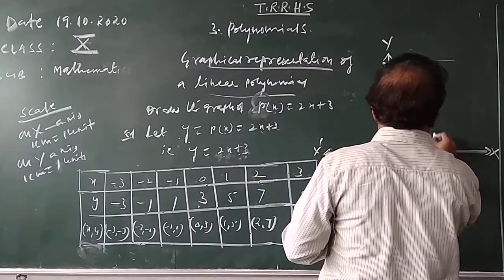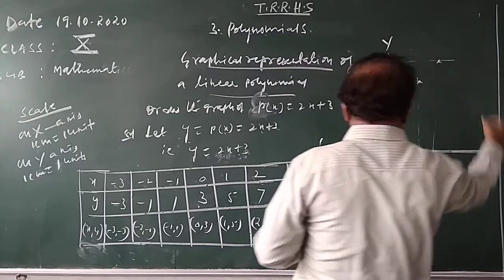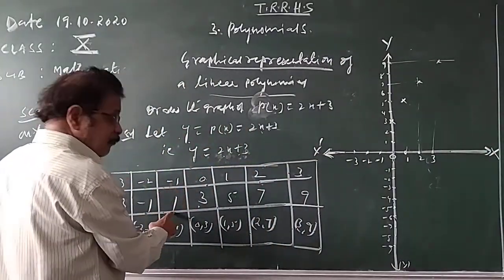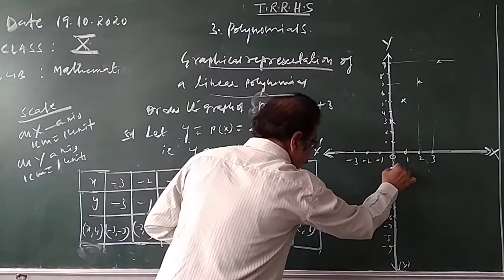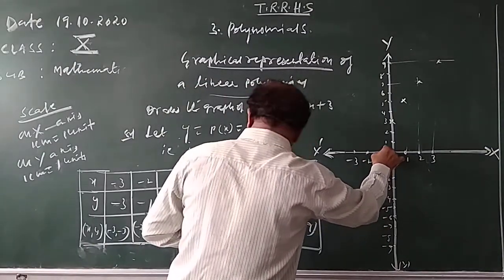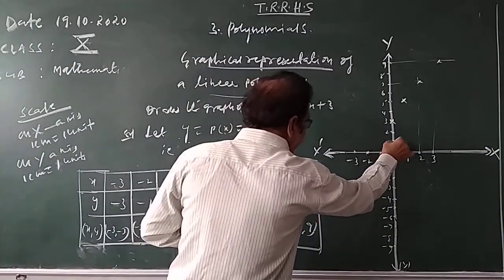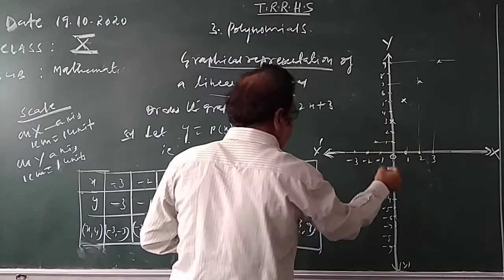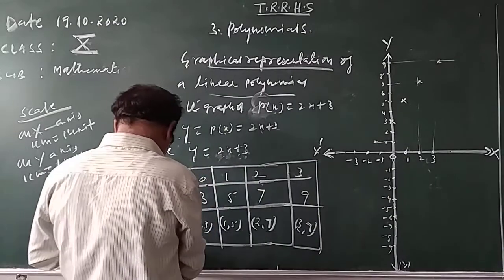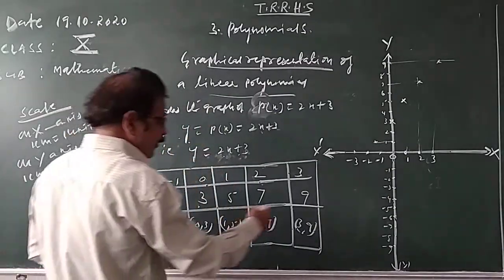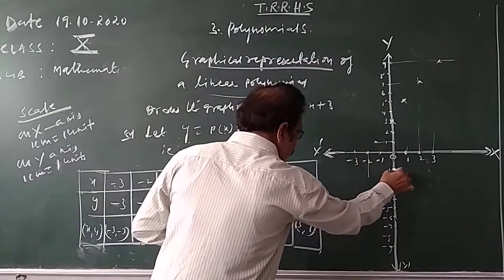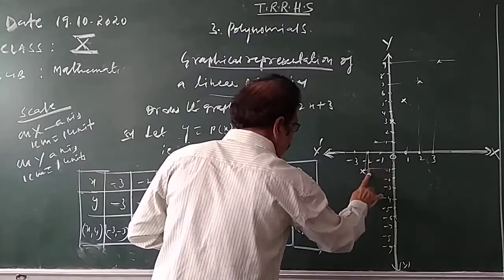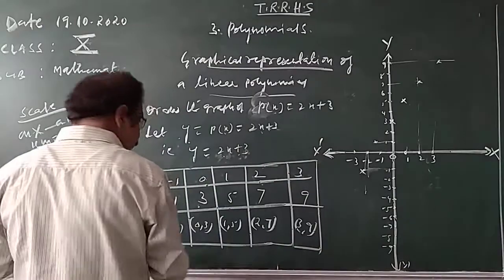Corresponding to x minus 1, y positive 1. Then x minus 2, y minus 1. And minus 3, minus 3.